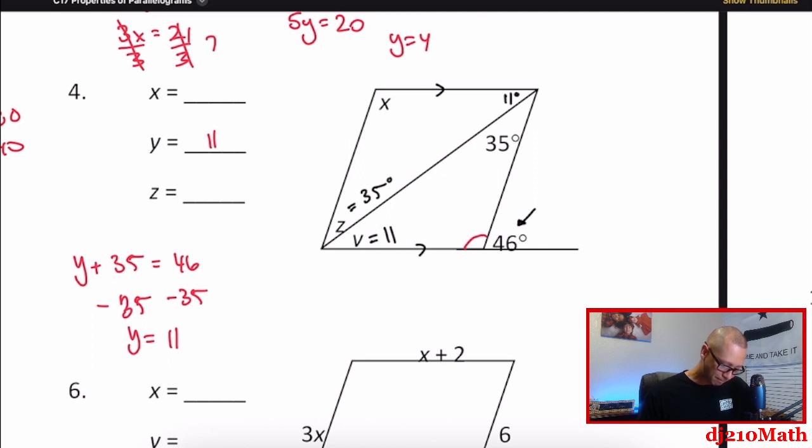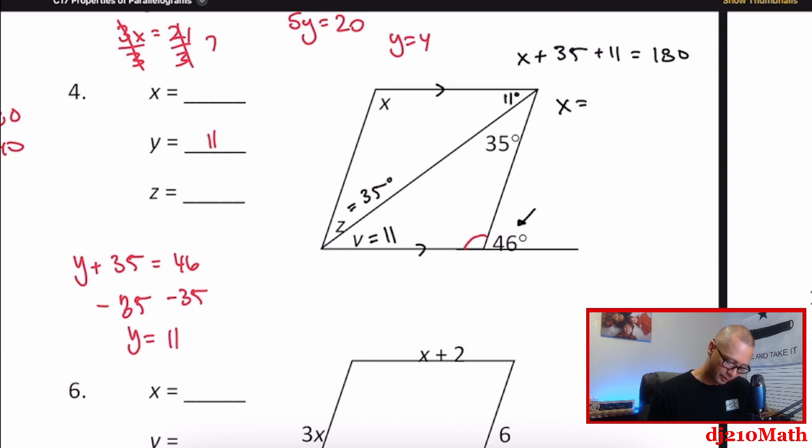Okay. So now let's figure out what X is. Well, I know that it is a triangle. Right here I see a triangle. And X plus 35 plus 11 needs to equal 180.